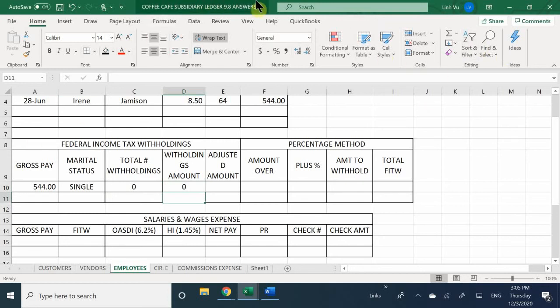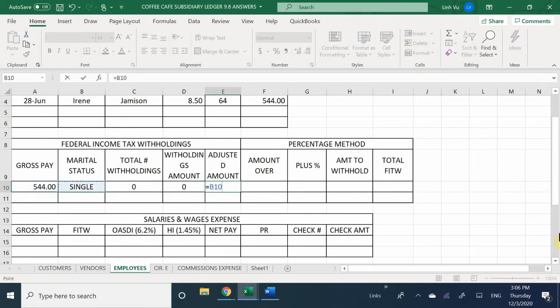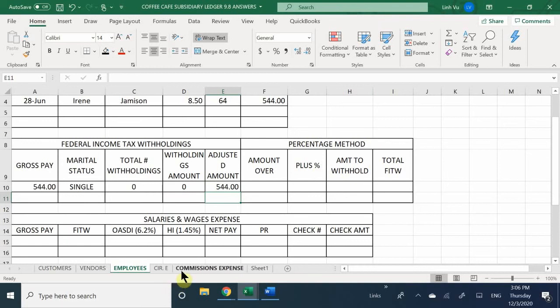It's going to be taken out of her amount. Now here is going to be the actual adjusted amount. Her total amount subject to tax is going to be the 544 minus the 0, of course, to give you a total of $544. So let's look at our Circular E table.